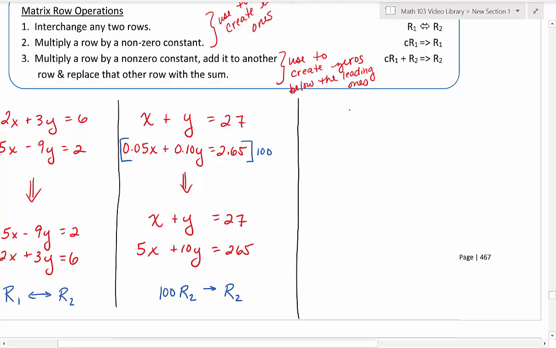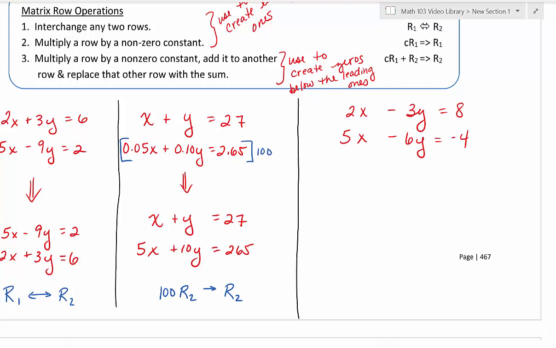So let's go back to solving systems by the addition method. Say I had 2x minus 3y equals 8, and 5x minus 6y equals negative 4. If I was using the addition method, adding down, no variable falls out. So what we do is we multiply one of the equations by a number, so that the coefficients on one of the variables are opposites.